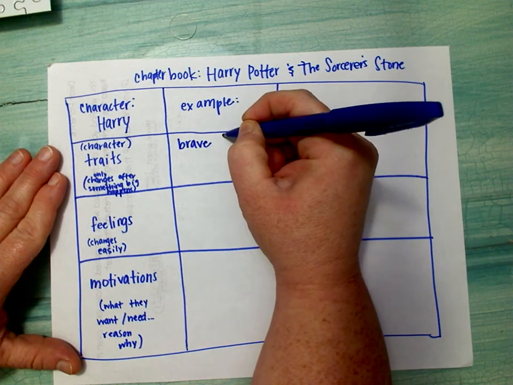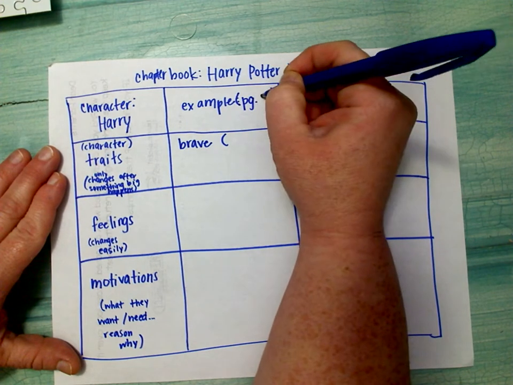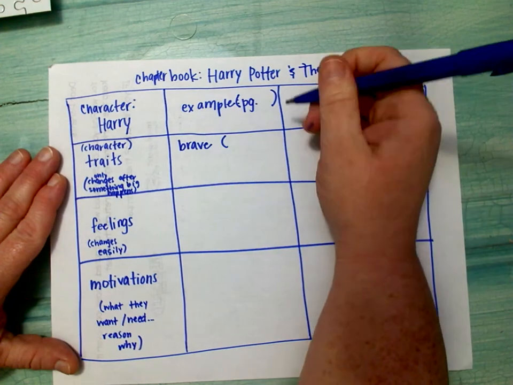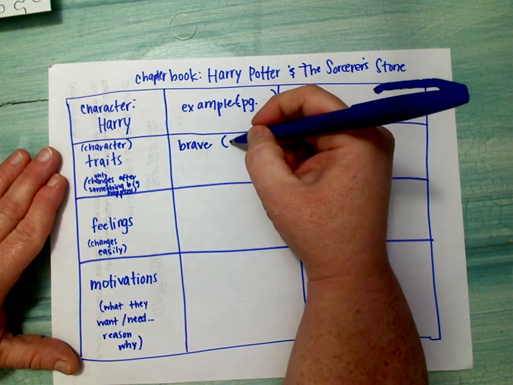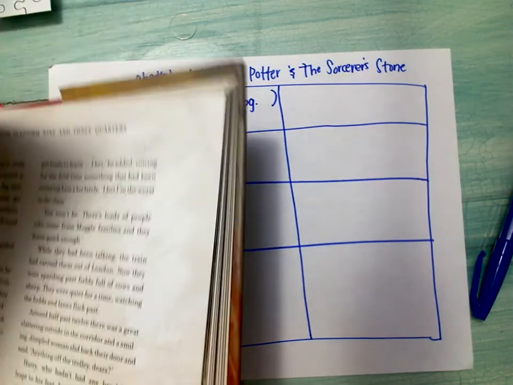And then in parentheses, I am going to put the page I found it on. Okay? So I'm going to say, well, I know Harry is brave all over in this book. I've got a really big copy of it, by the way.